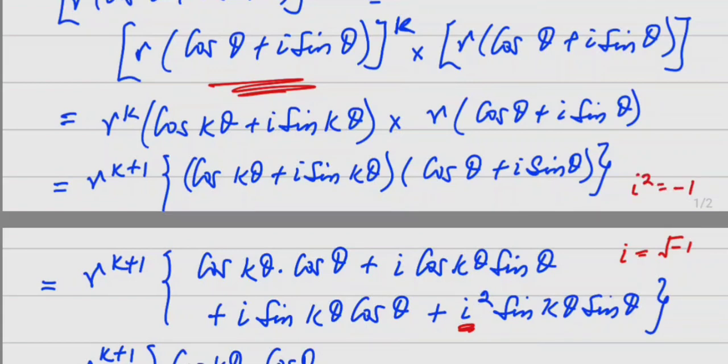So this becomes negative. So we now have cos k theta cos theta minus sin k theta sin theta.